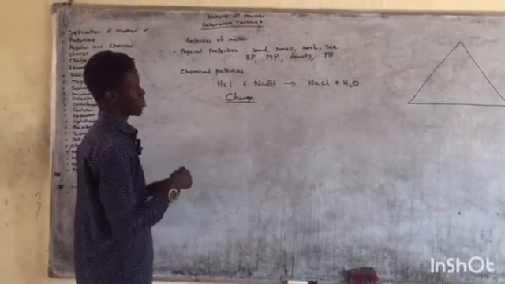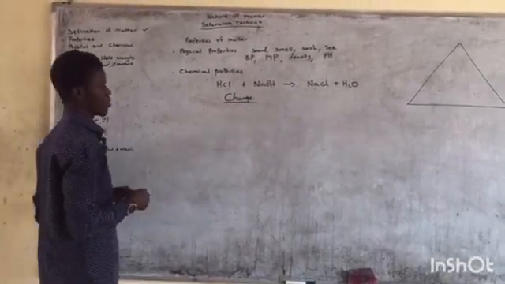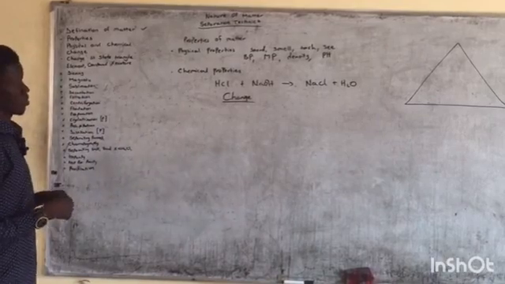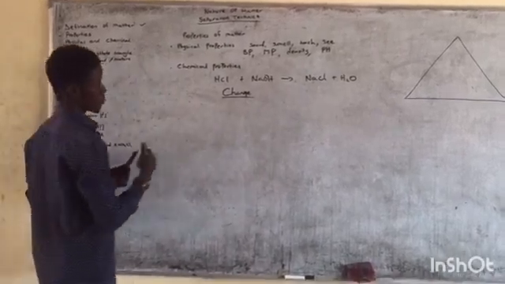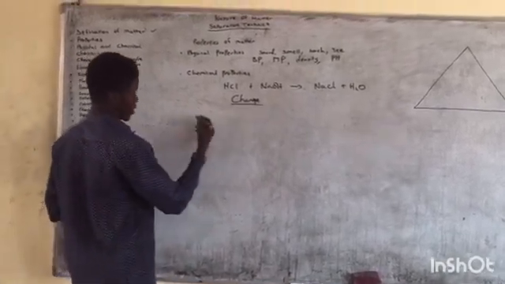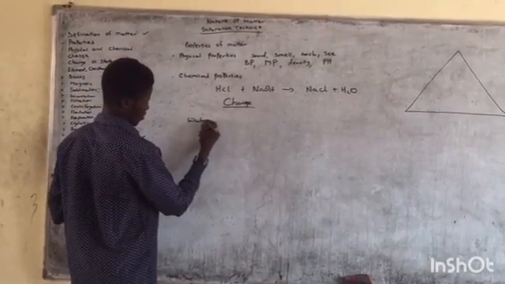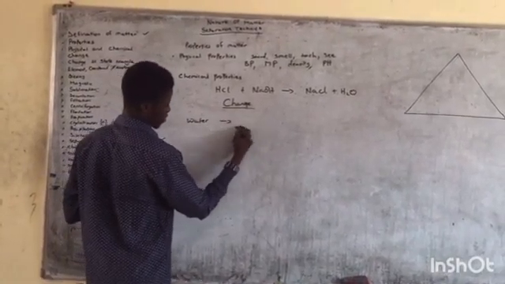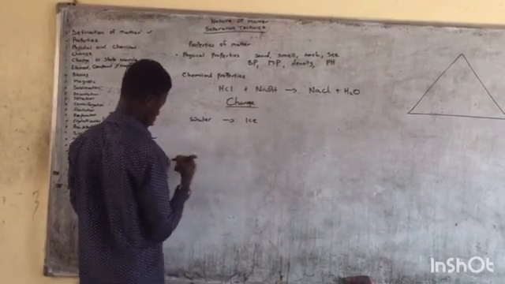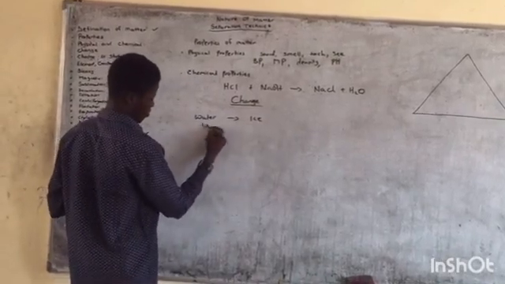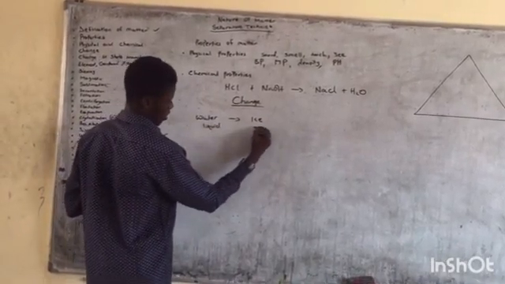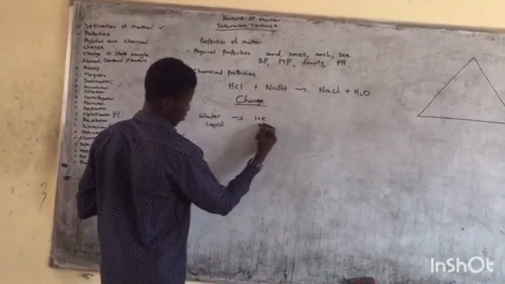It's easily reversible by physical separation techniques like these ones. For example, let's say this water, and I cool it and make ice. You can see this water is in liquid form, and when I cool it, I make it ice and it turns solid.